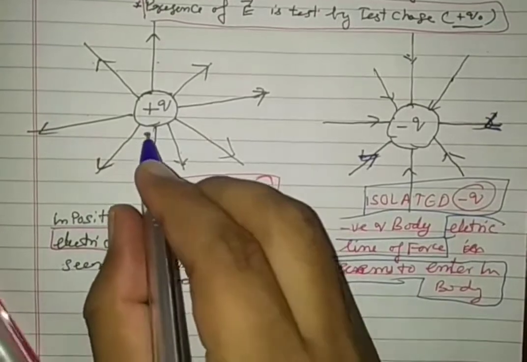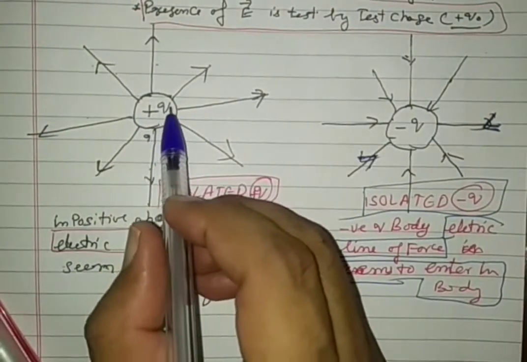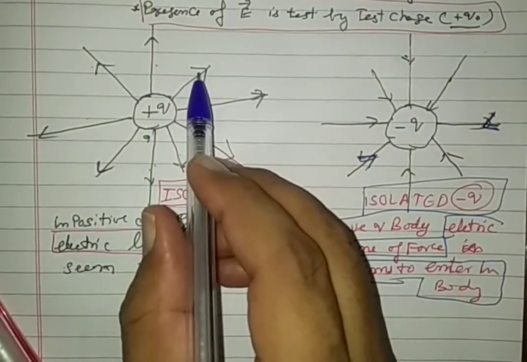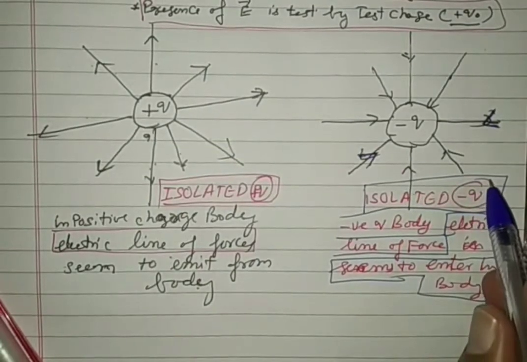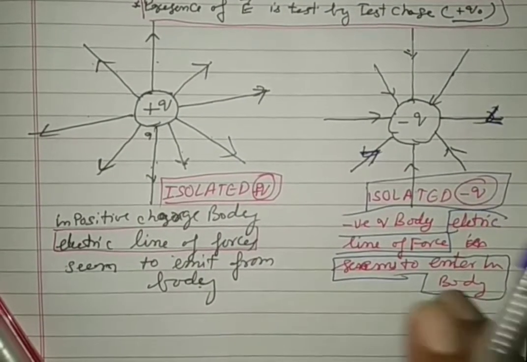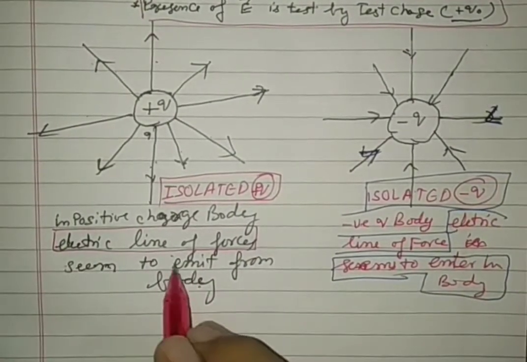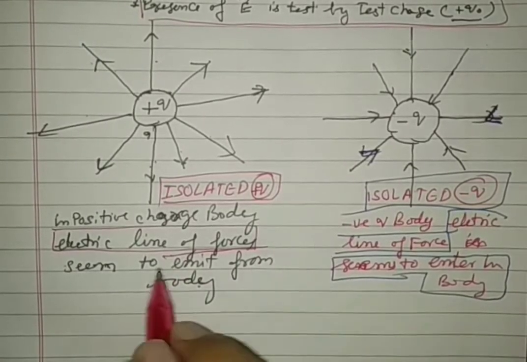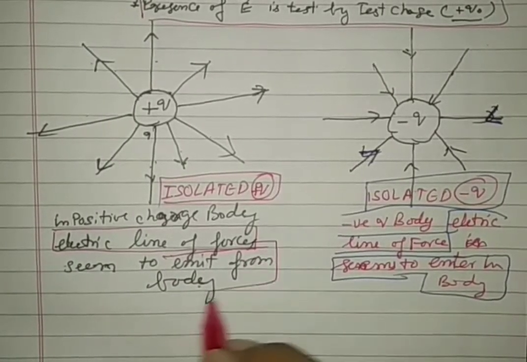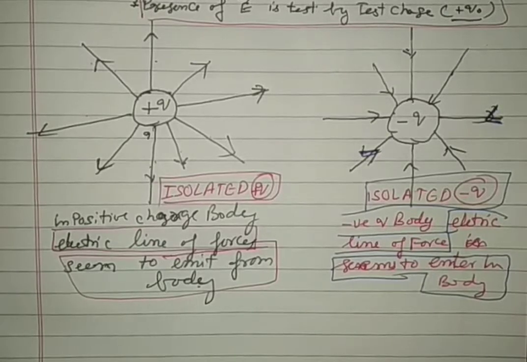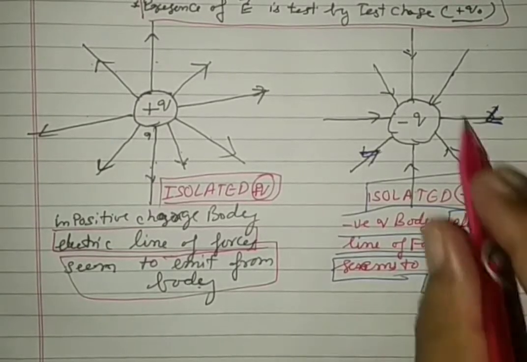Whereas in a positive charged body, electric lines of force seem to emit, and here they seem to enter. In the first case they seem to emit from the body, whereas here they seem to enter the body.